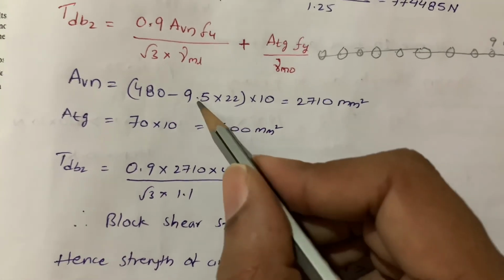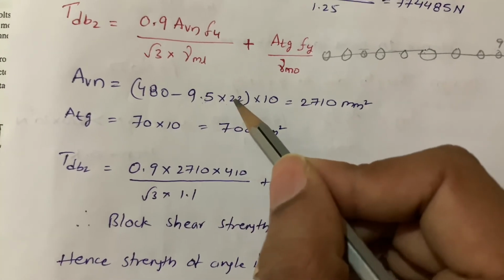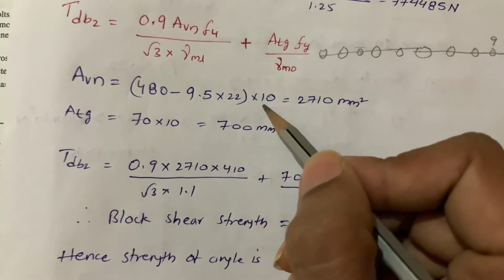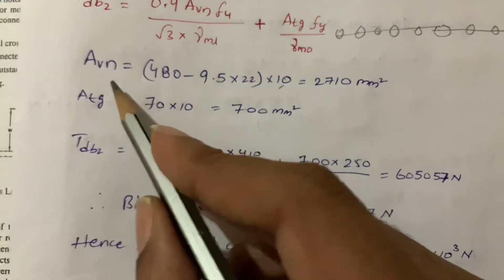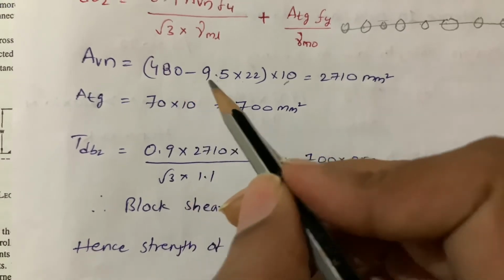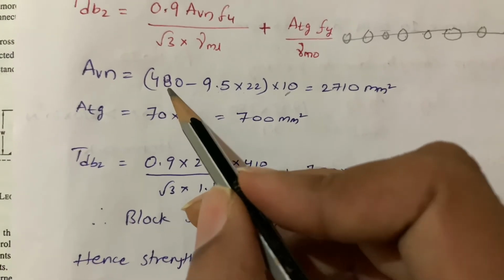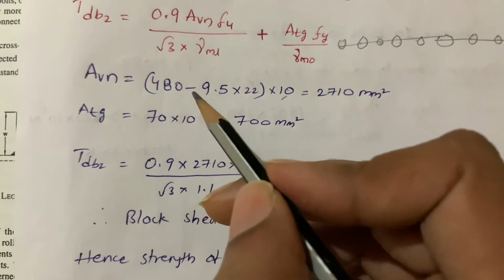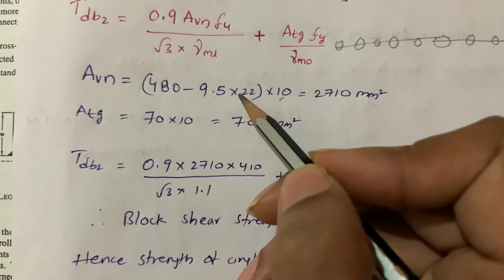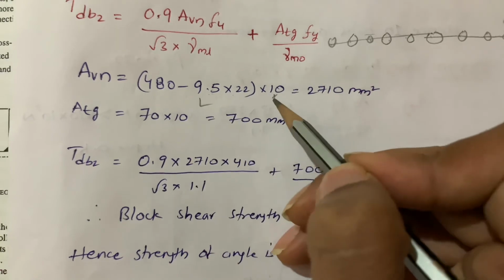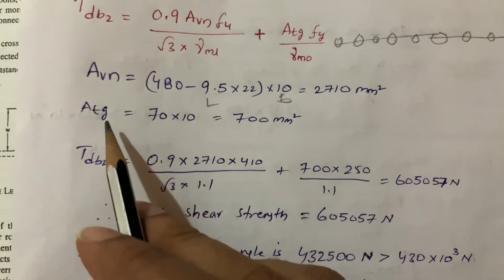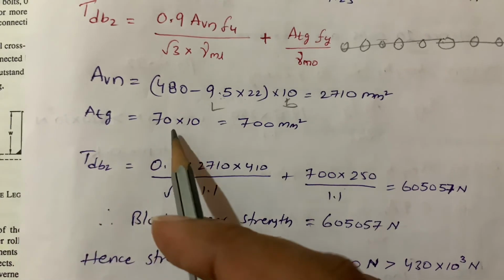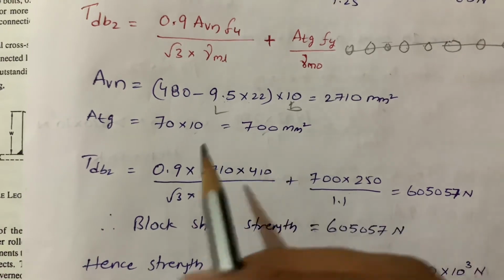That's why I wrote 9.5, into 22, the bolt hole diameter, into 10, the thickness, that is the net area. Why am I calculating like this? Because we are calculating the net area along the bolt line direction, that is 480. I am deducting 9.5 into 22, this is L and this is B. And next, the gross area in tension side, 70 into 10, 700 mm square.